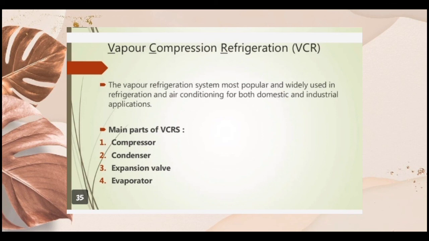The working fluid refrigerant used in this refrigeration system readily evaporates and condenses, or changes alternately between the vapor and liquid phases, without leaving the refrigerating plant. The main parts of VCR are the compressor, condenser, expansion valve, and evaporator.